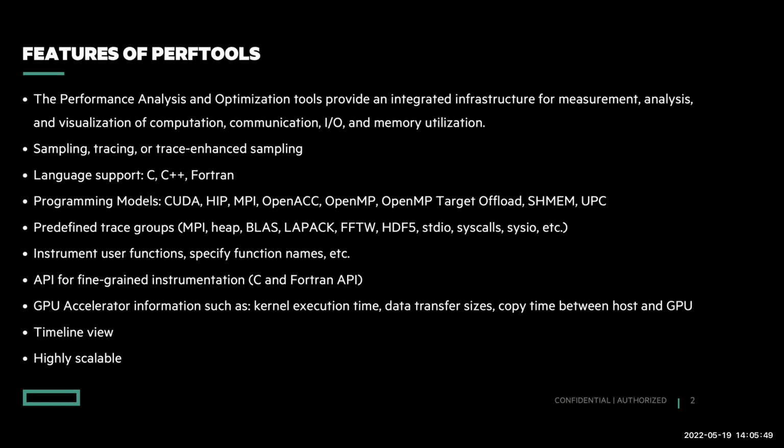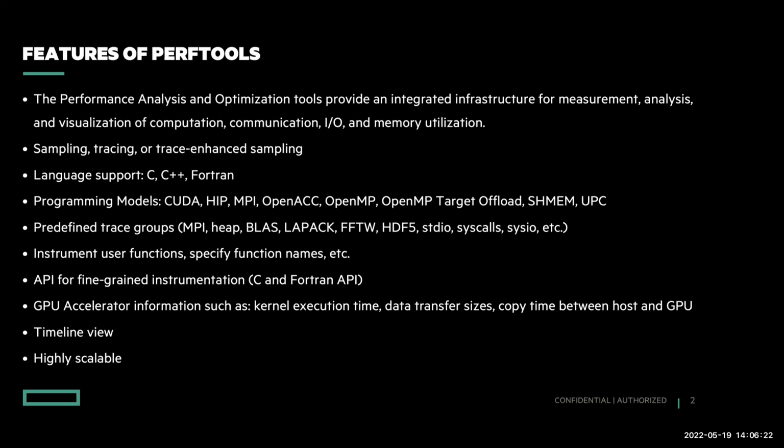We have about 30 different trace groups, including third-party and system ones. So we trace BLAS, LAPACK, FFTW, HDF5, and system stuff like standard I/O, system calls, etc. These are things that we can automatically trace for you, and you don't have to specify any extra options for those.